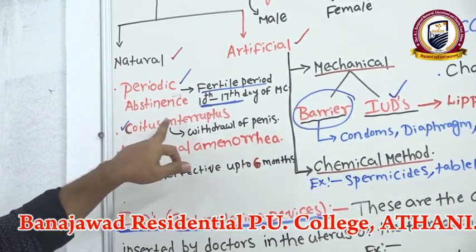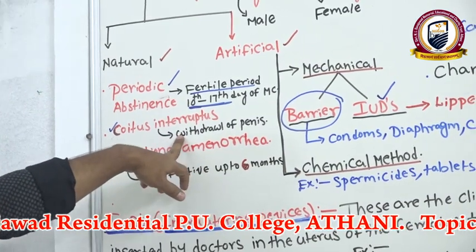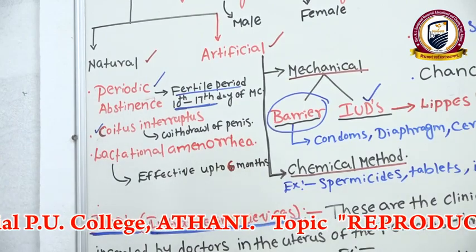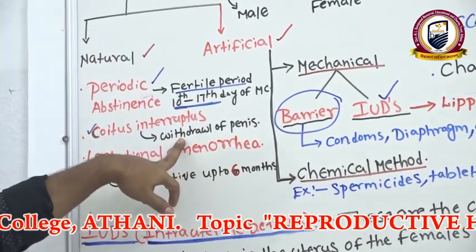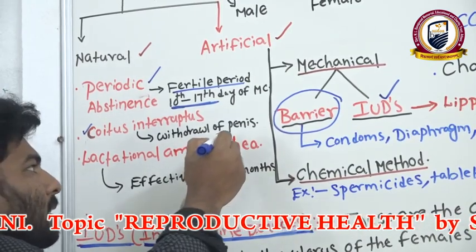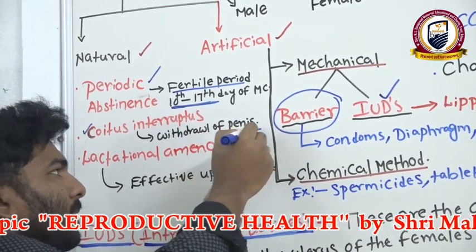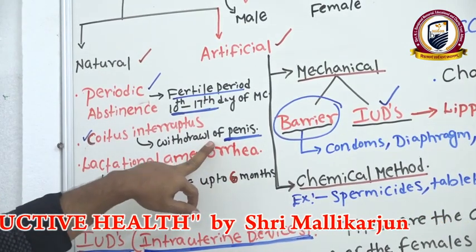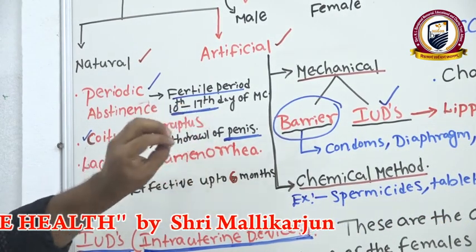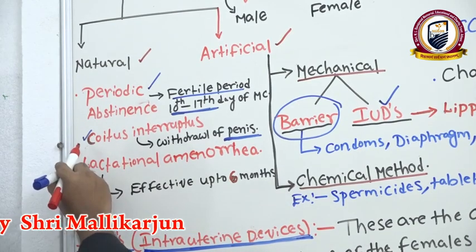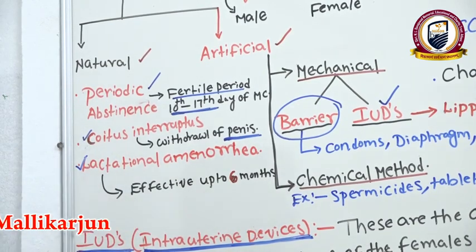Now the second method, that is coitus interruptus, we already discussed. Before ejaculating the sperm into the vagina of the female, we remove the penis from the vagina, so that ejaculation will not occur in the vagina. There is no chance to get pregnancy. Clear? Now the third method is lactational amenorrhea.